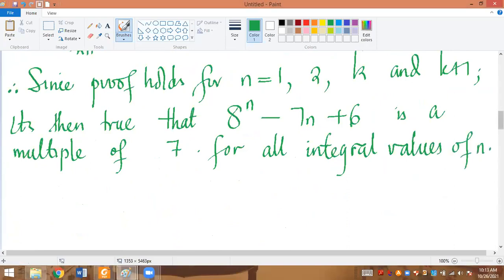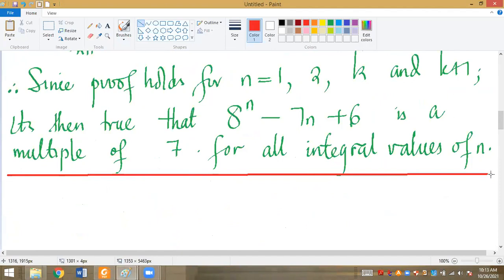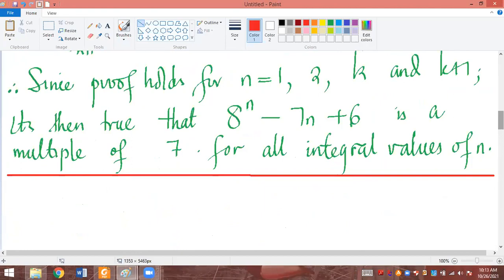Sir, I have a question. Yes, please. So what if you just say, since the proof holds for n equals 1, 2, k and k plus 1, it's divisible by 7, is that right?